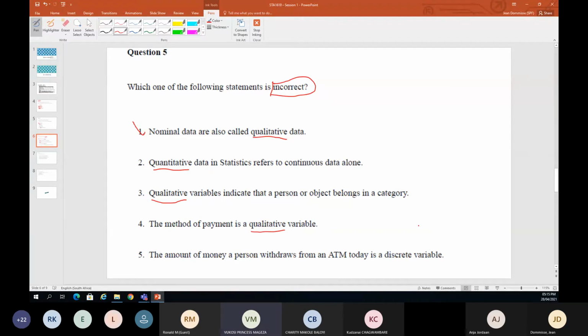It says quantitative data in statistics refers to continuous data alone. So you say that one is also correct? I would say it's also correct, yes. Because in quantitative data we don't have any nominal or ordinal. Okay.